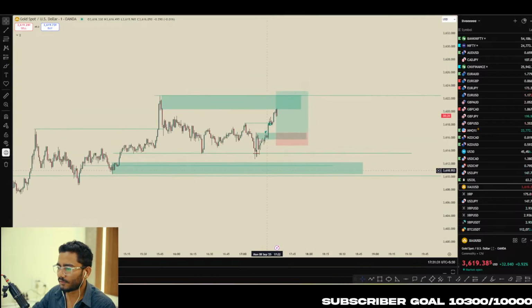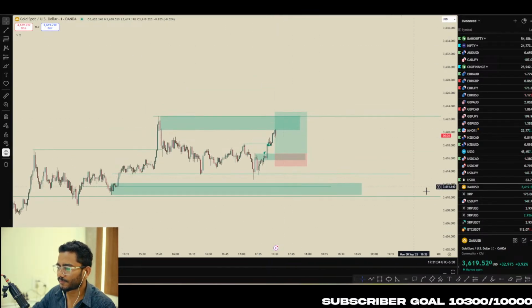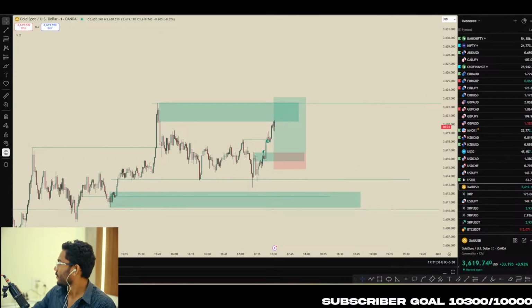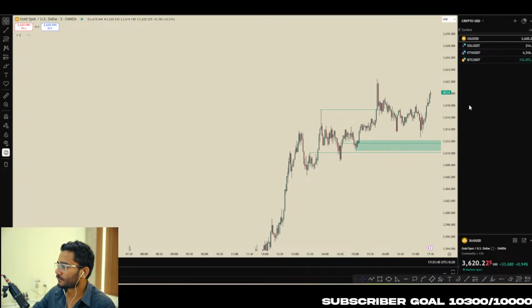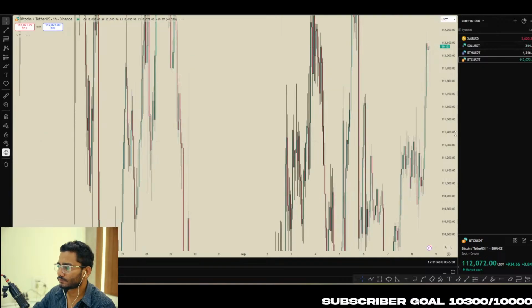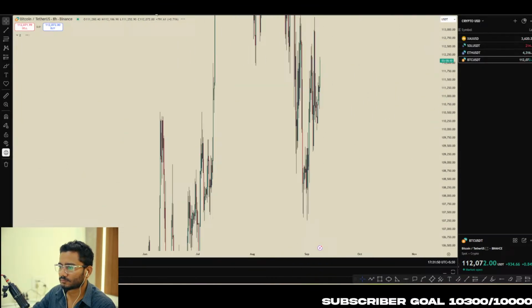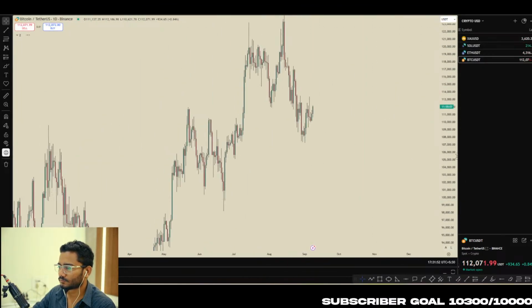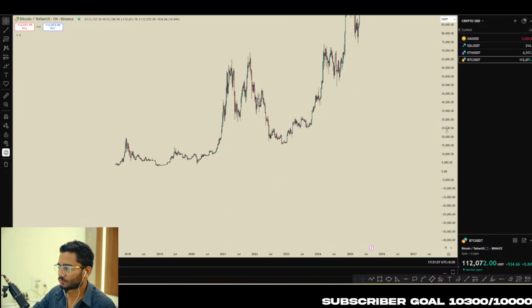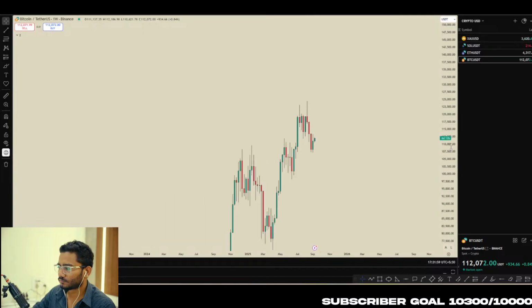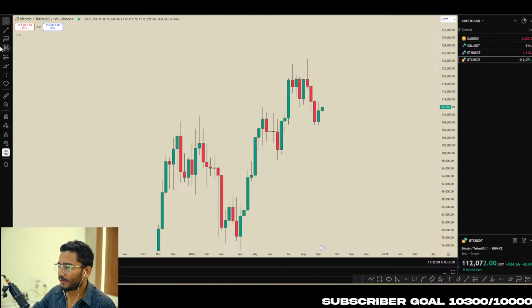Okay, let's say BTC. So we are getting a reaction from here. If you look at BTC, price has tapped this demand zone on higher time frame.